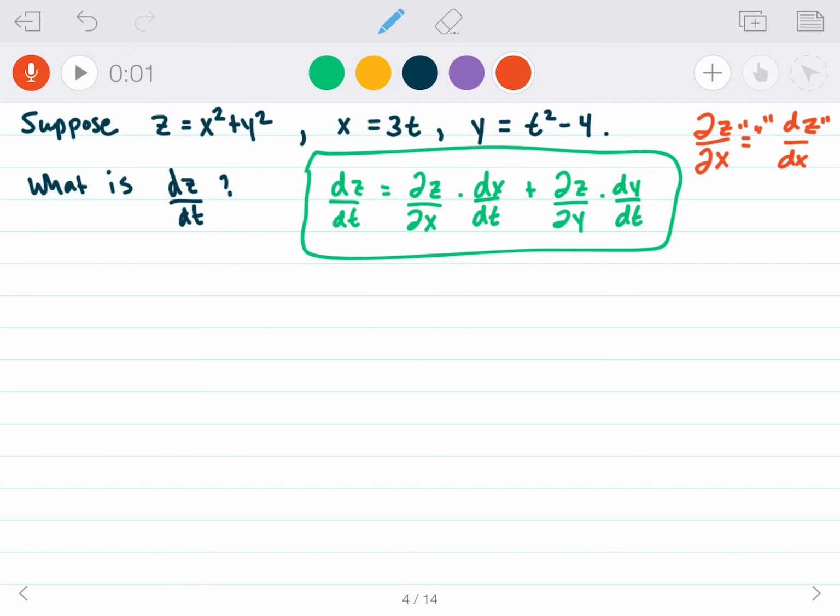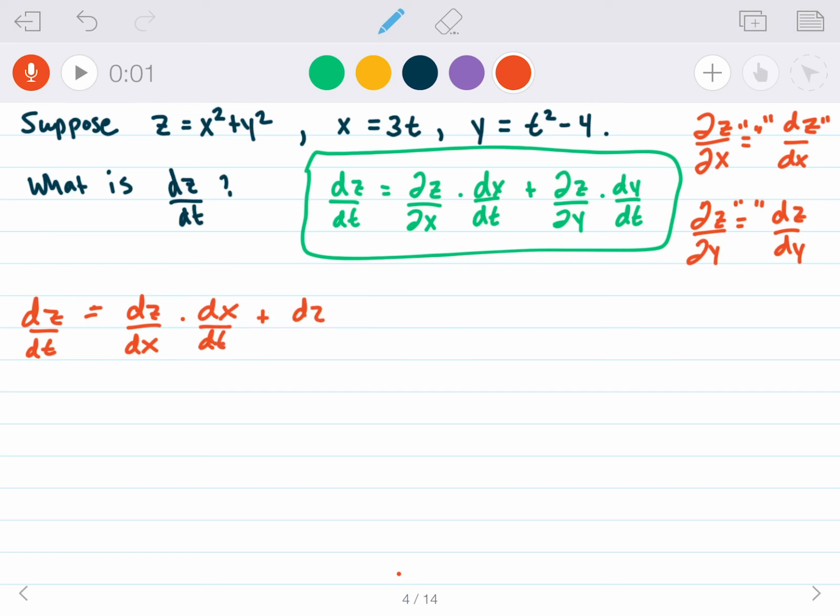That's what I'm going to do to make our computations make a little bit more sense. And then the partial with respect to y, I'm going to call that dz dy. Okay, so with that, we have dz dt is equal to dz dx, dx dt, plus dz dy, dy dt.